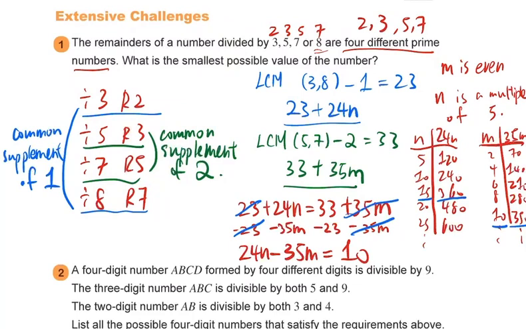So the answer, 23 adding 24n, is equal to 33 adding 35m, and both of them are equal to 383. So that's going to be the answer to this first question. That's how we get it.